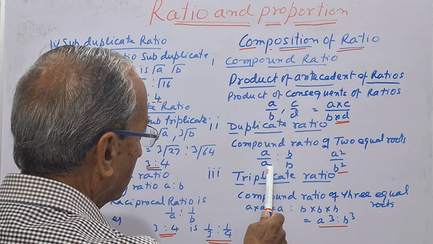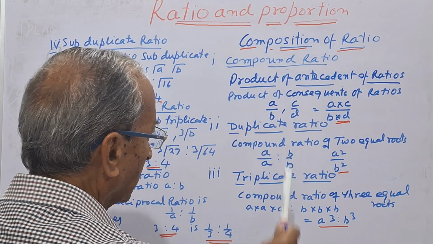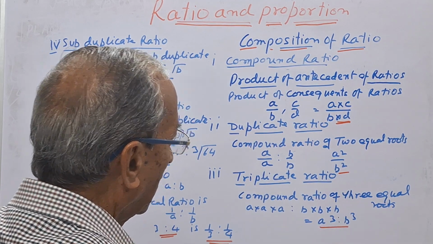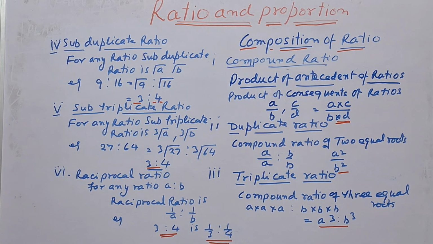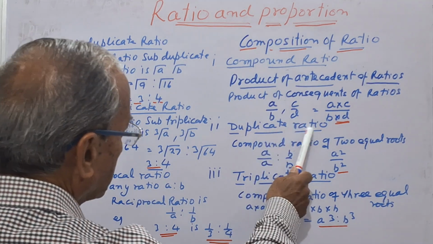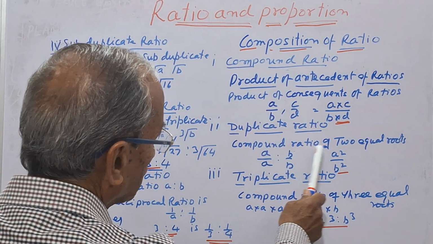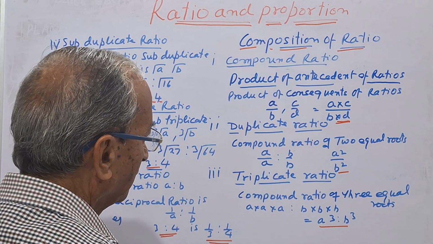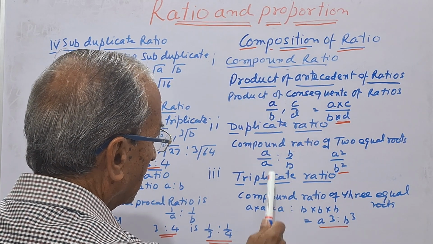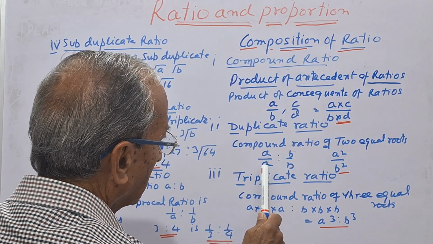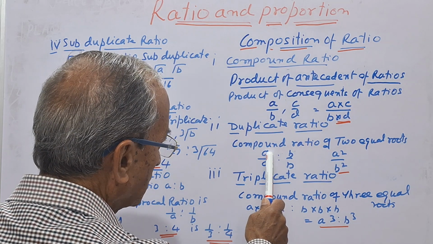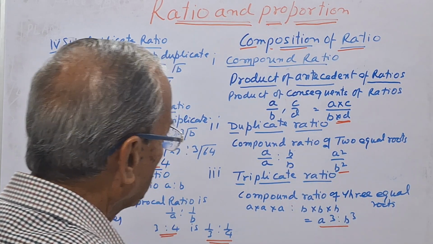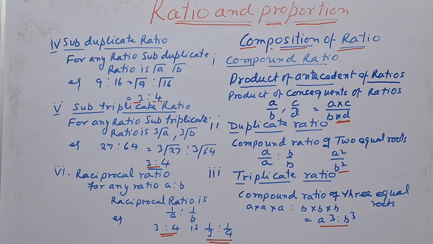That is A:B with A:B. It means A square to B square. So duplicate ratio is the compound ratio of two equal ratios. So A:B means duplicate is A square to B square. That is known as the duplicate ratio.